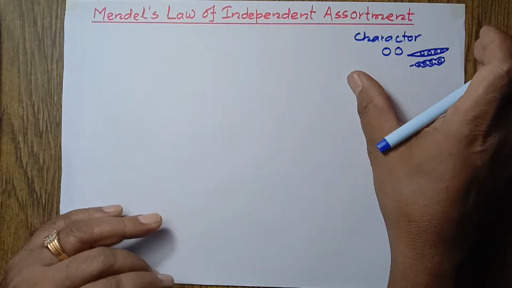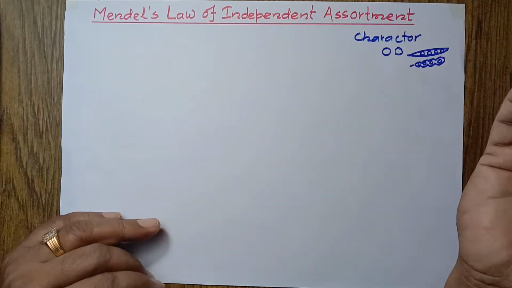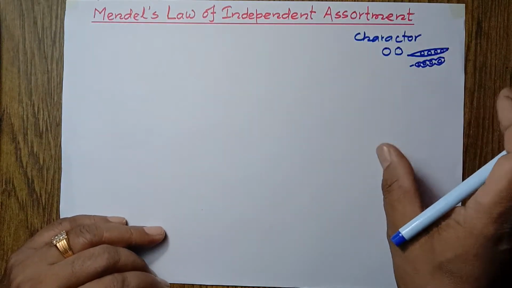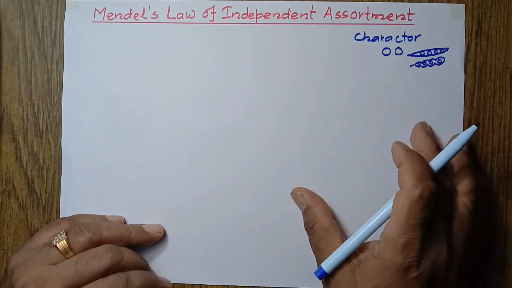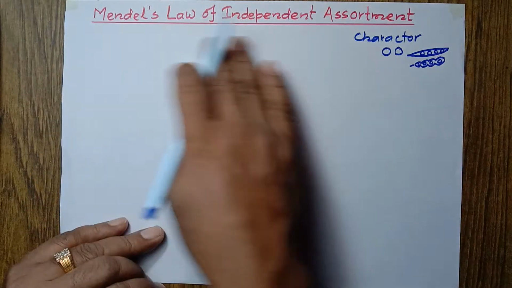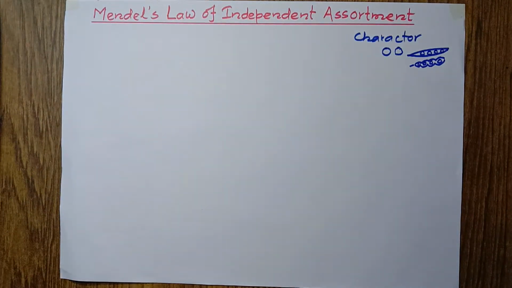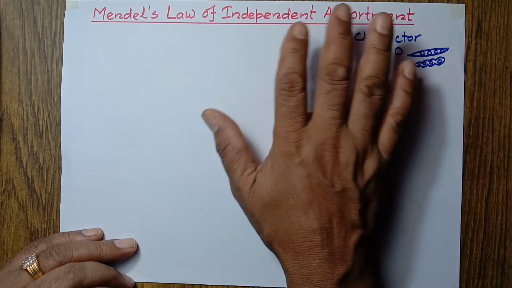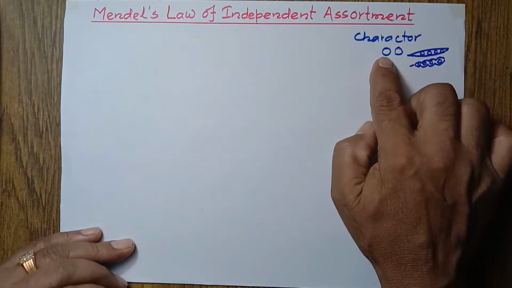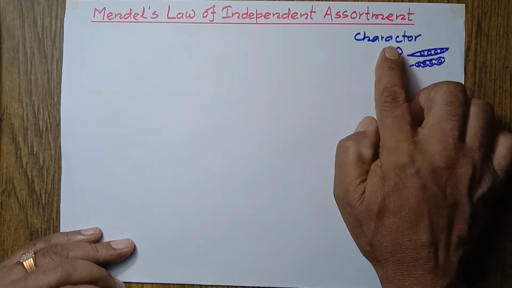And in this way, an organism, or maybe this pea plant or any other organism, is the sum total of the characters. And in this part, what Mendel tried to find out is the relation between the different factors or genes of different characters.